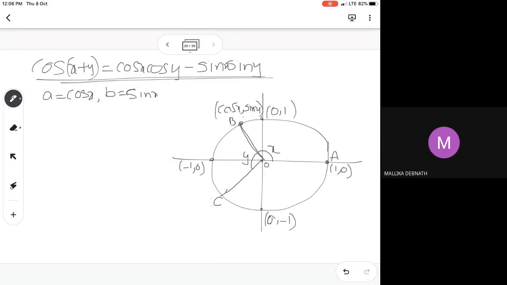So this ray OC is making what angle with the x-axis in an anti-clockwise direction? Can you tell me? This OC is making what angle with OA?